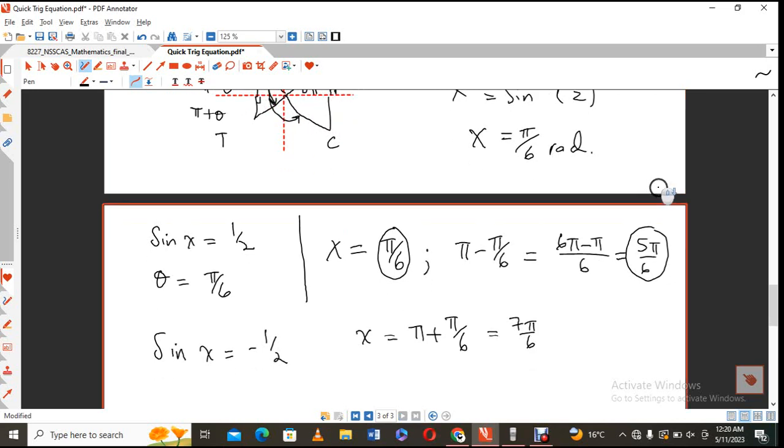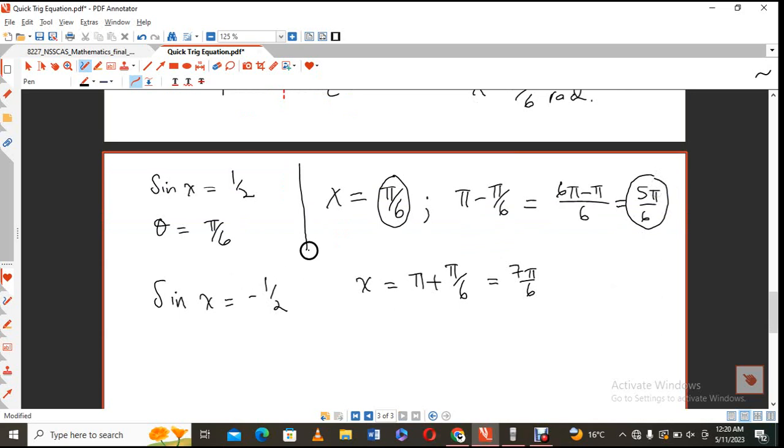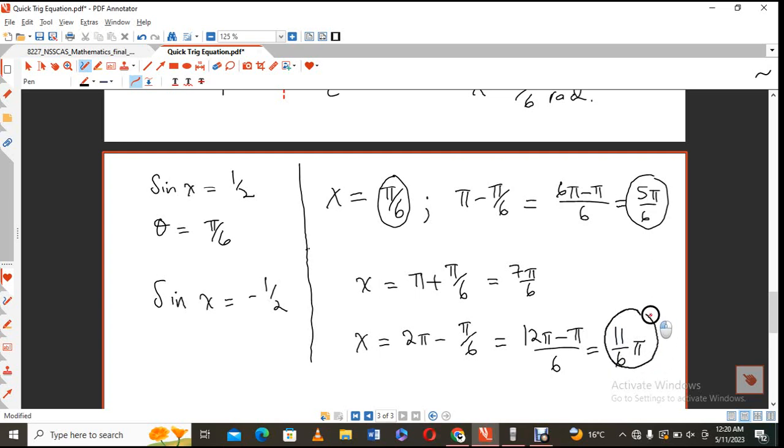So x would be 2 pi minus our reference angle, which gives 12 pi minus pi over 6, which is 11 over 6 pi. So this is our solution when you have that negative half.